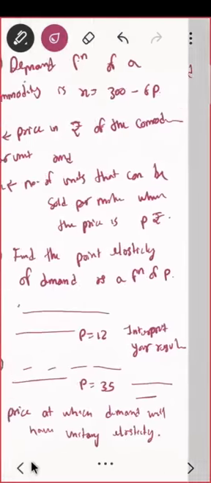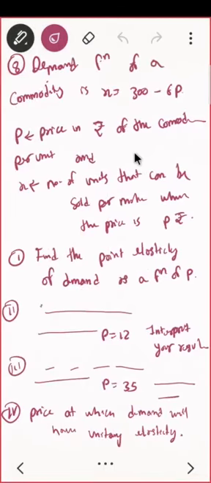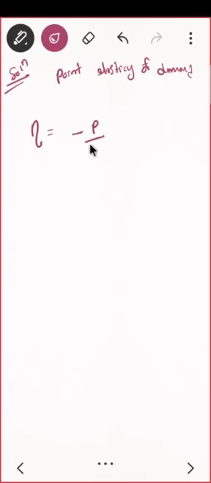So can somebody tell me what is the formula for elasticity? Nu is minus p upon x into the derivative of x with respect to p, as I am using the demand function as x here. And x is already given, that is 300 minus 6p.